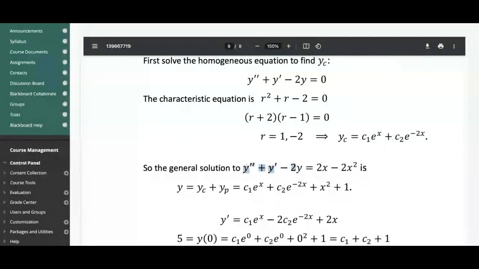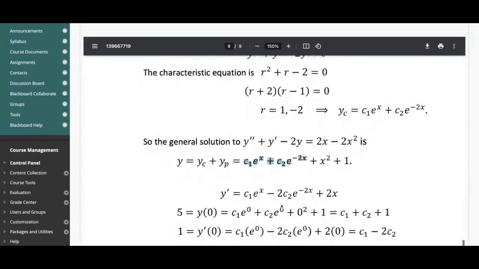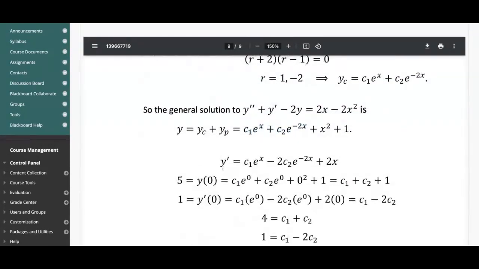The general solution to this non-homogeneous equation is the sum of the complementary solutions and the one particular solution. So we just add them together. This is one particular solution, this is complementary solutions. Add them together.